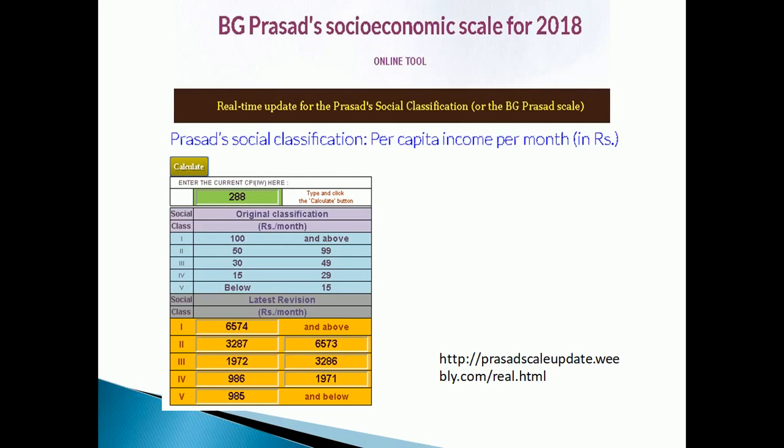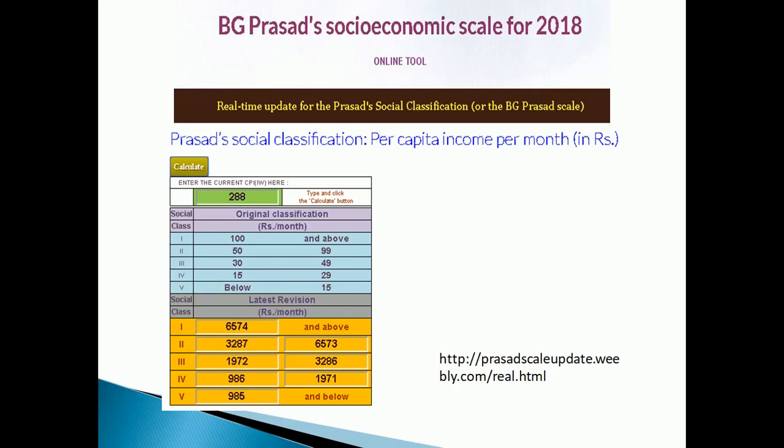Now if we apply BG Prasad updated, because income is also modified and updated as per inflation as we discussed previously, Prasad's classification gives per capita income per month in rupees here. It can be calculated online also; you can calculate it, no problem.